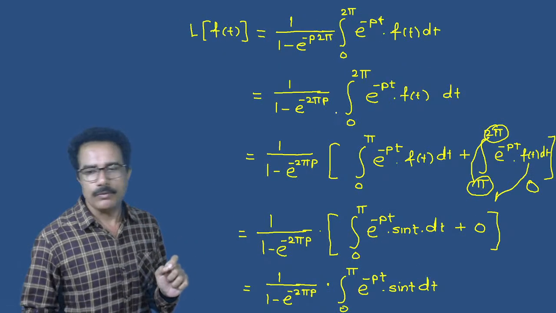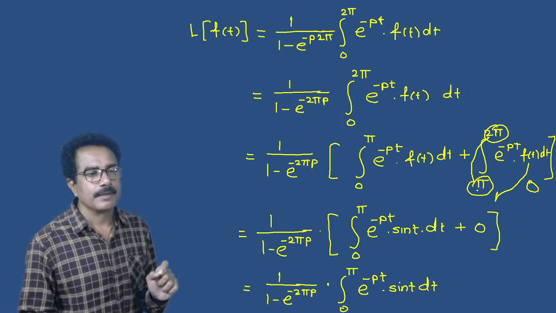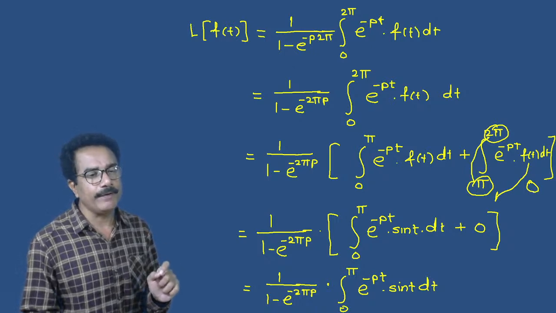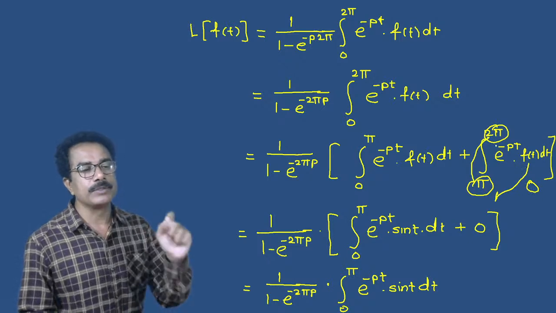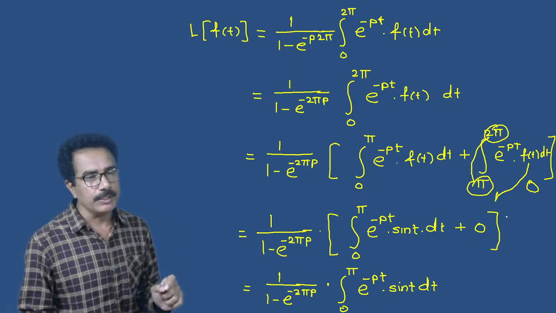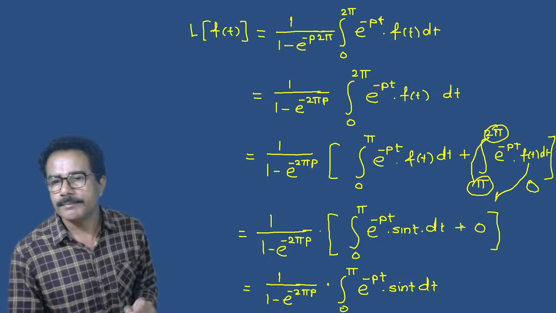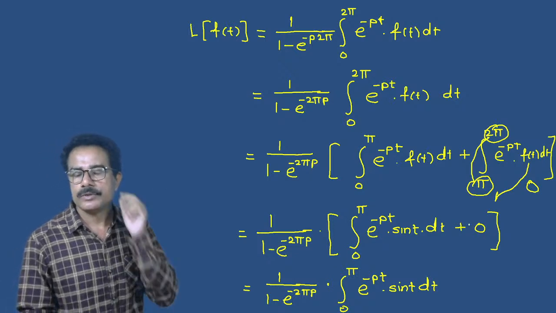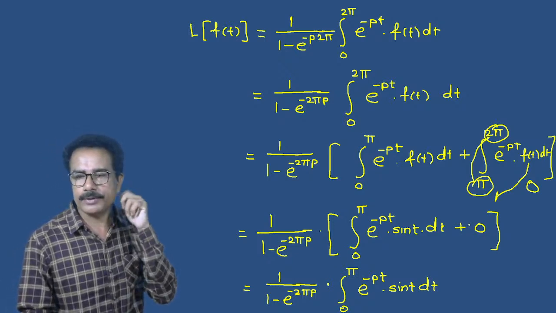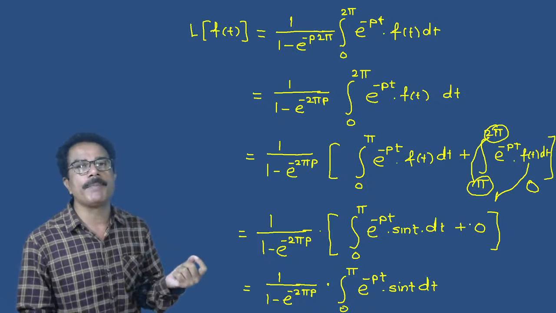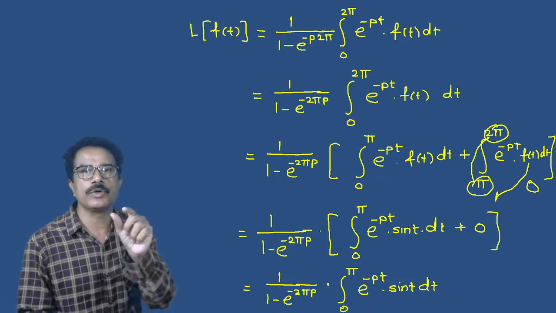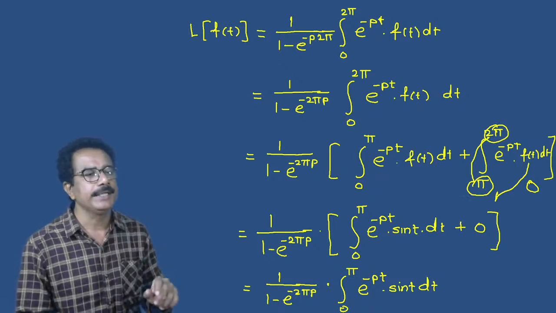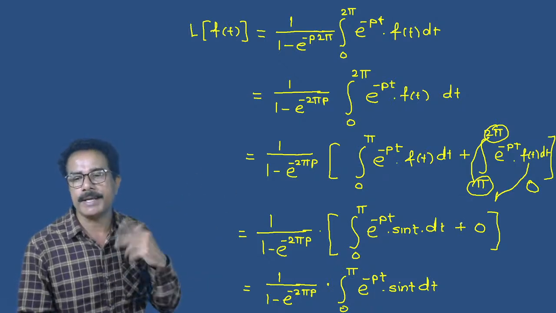So f of t equals 0 from pi to 2 pi. Because 0 to pi has one value and pi to 2 pi has another value, pi is the intermediate point. So we have to distribute this by using pi.